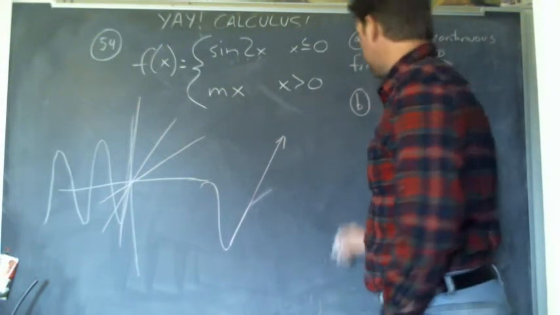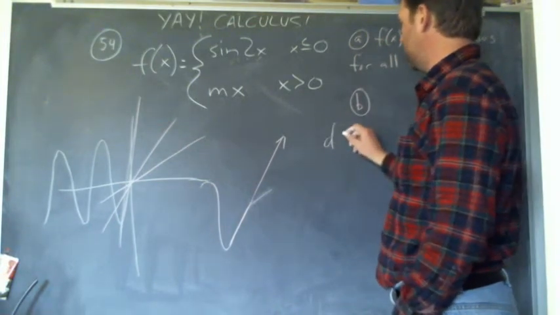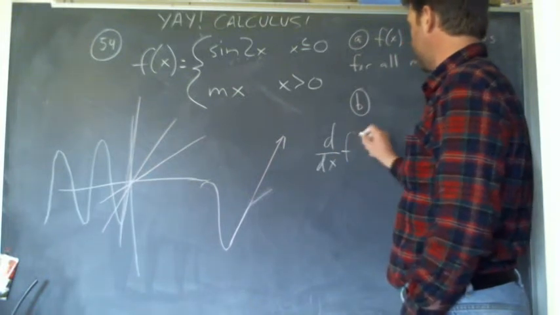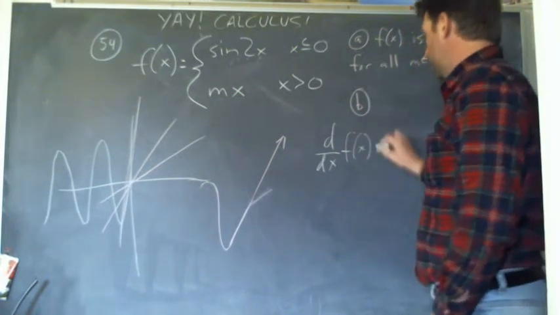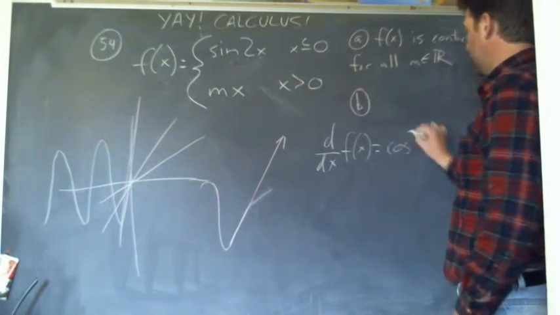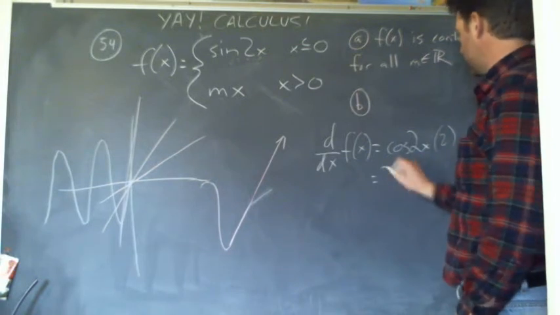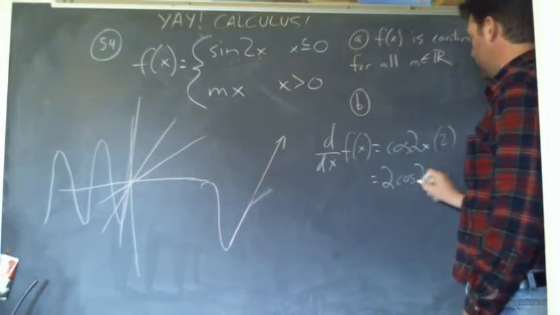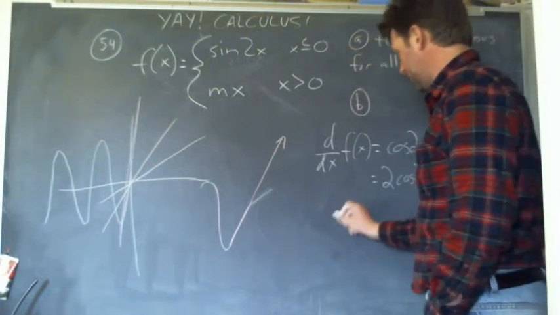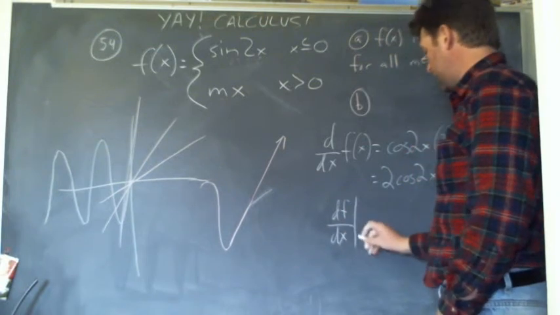So what we're going to do is take the derivative of f of x. This will be the derivative of sine of 2x, so that'll be the cosine of 2x, and by chain rule times 2. That'll be 2 times the cosine of 2x. And we want to evaluate this derivative at x equals 0.